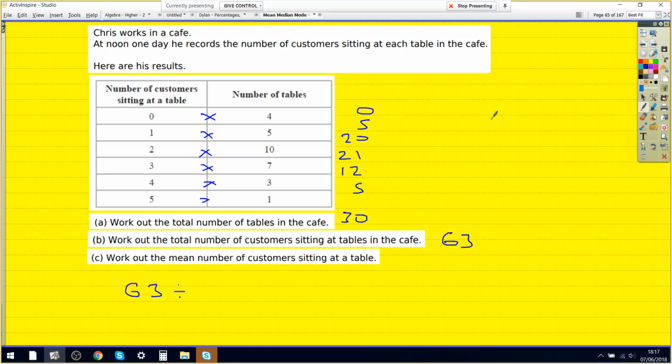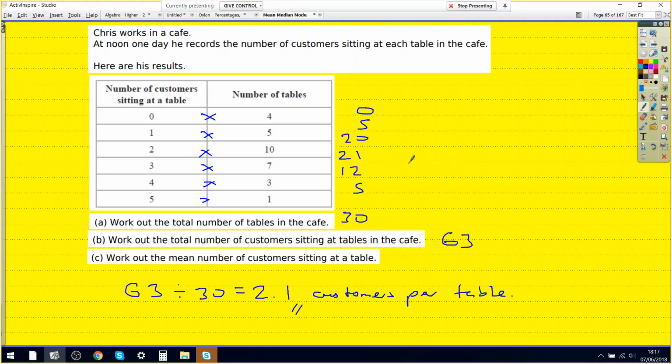Okay, total tables. 30. Correct. I believe you get 2.1 on average, 2.1 customers per table. Per basically means divided by, so customers divided by tables. 63 divided by 30.